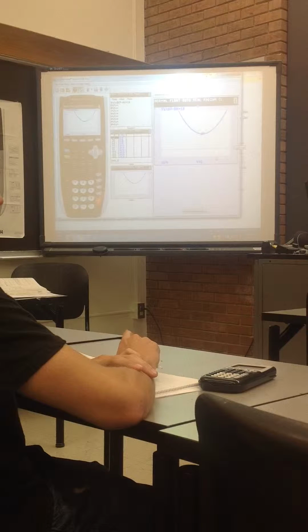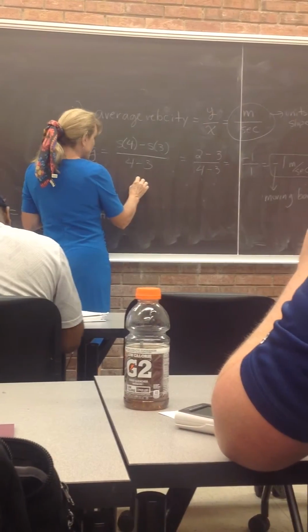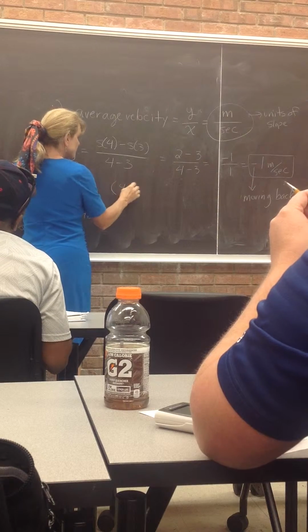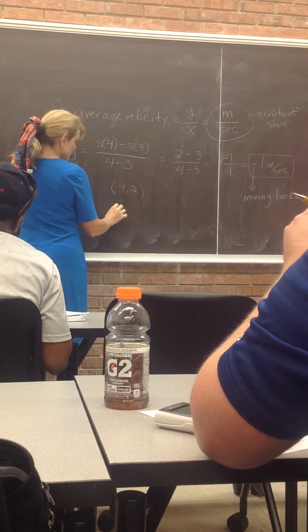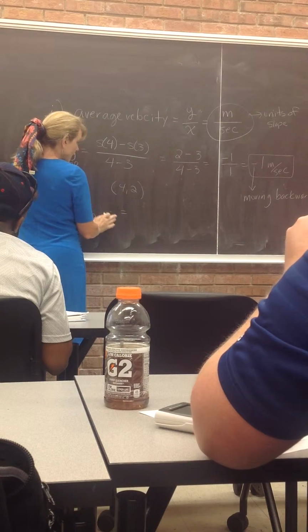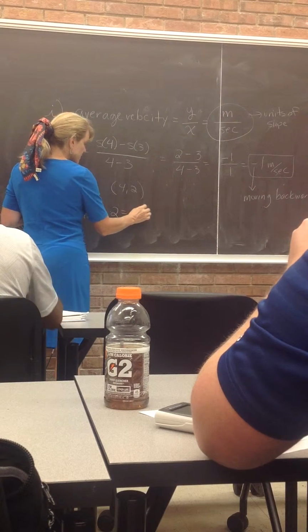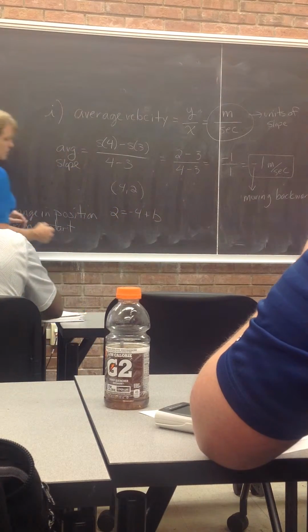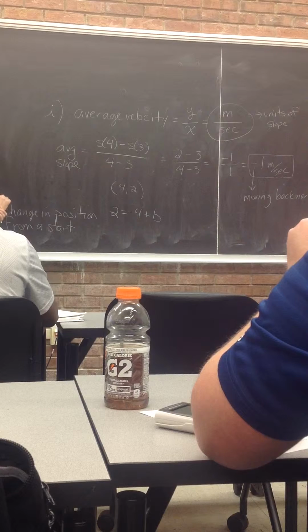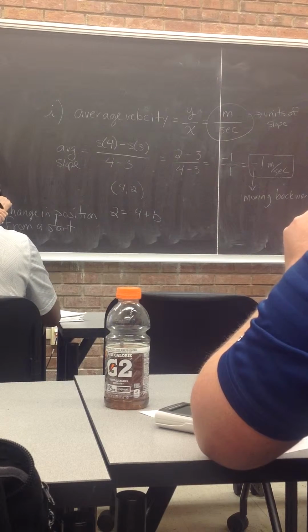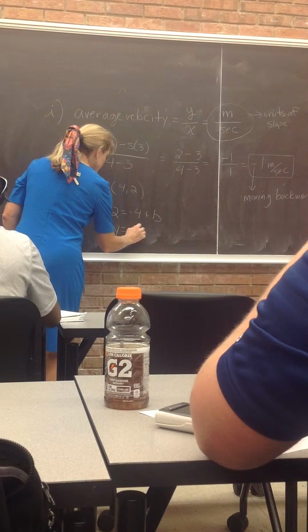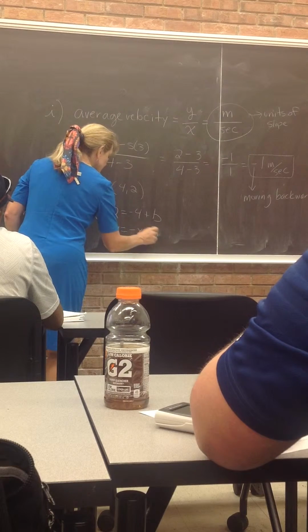So this was the first one we found, between 3 and 4, so my slope is -1. It goes through the point 4, 2. So when y is 2, x is 4, so my y-intercept value would be 6, right? So y equals -x plus 6.